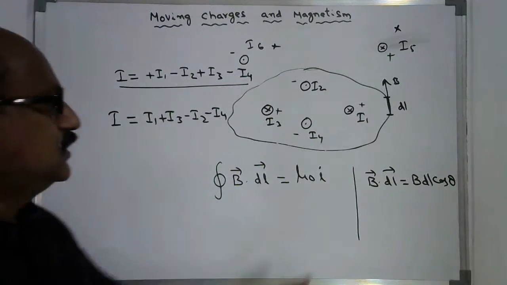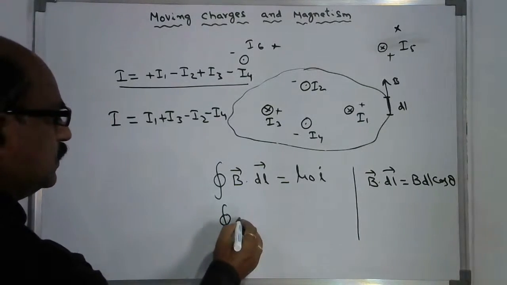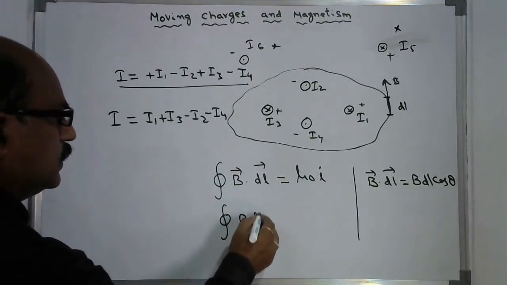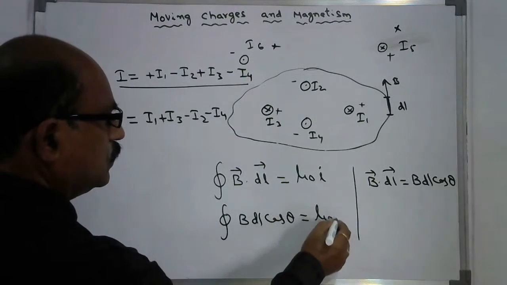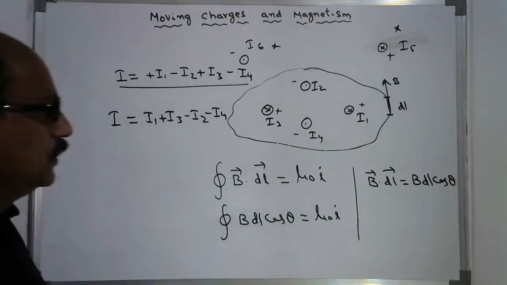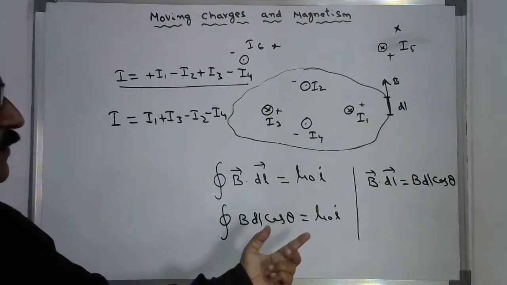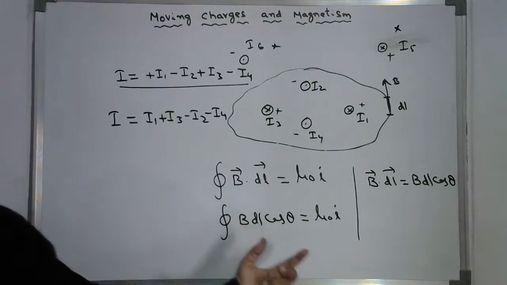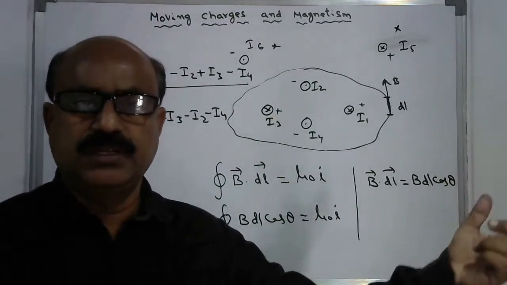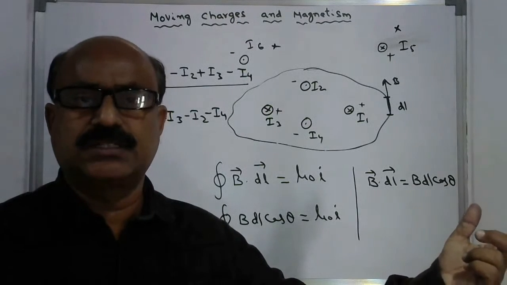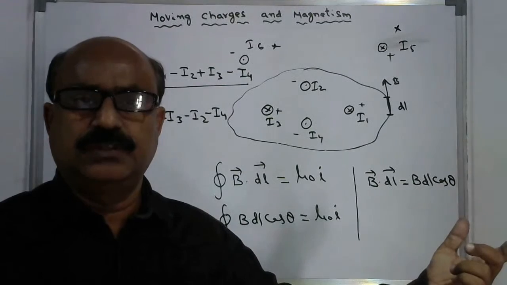Now using this, you can write down here Ampere circuital law, B dl cos theta is equal to mu naught I. So using this formula, we can find the magnetic field intensity due to a straight wire carrying current I at any point P at a distance R. This is the application of Ampere's law.